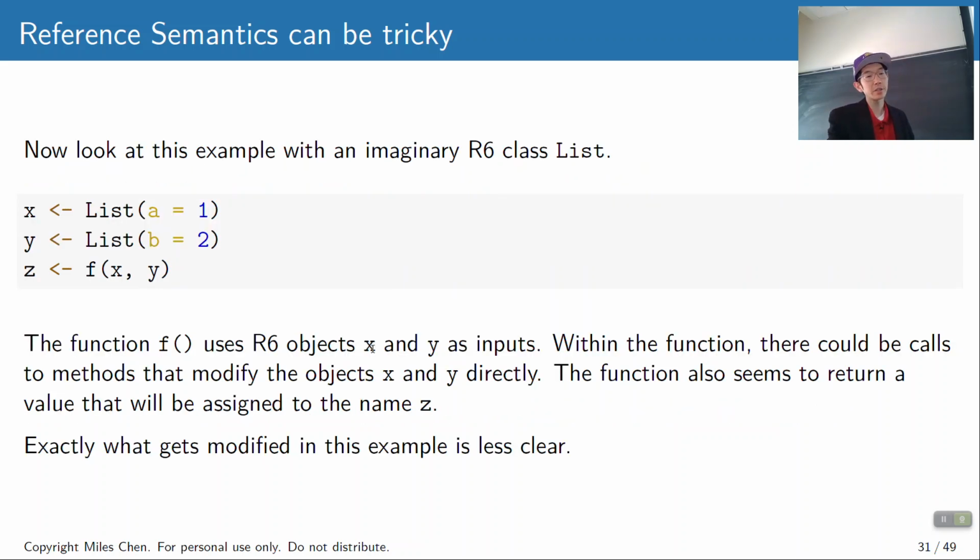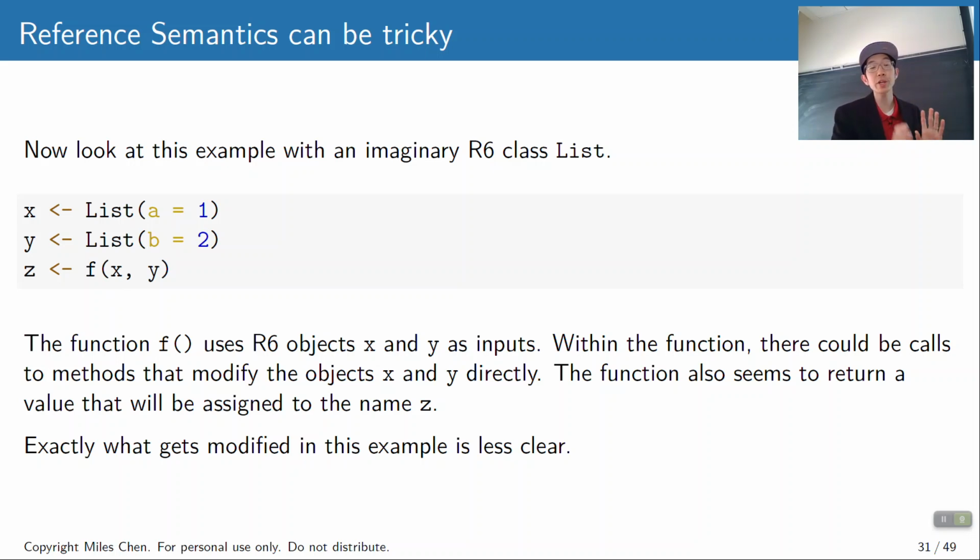Okay, here, what happens? We're going to imagine having an R6 class, so x is an R6 object, y is an R6 object. And now I execute this function with x and y. Now x and y go in as inputs for f, and within this function f, we don't know the code inside.